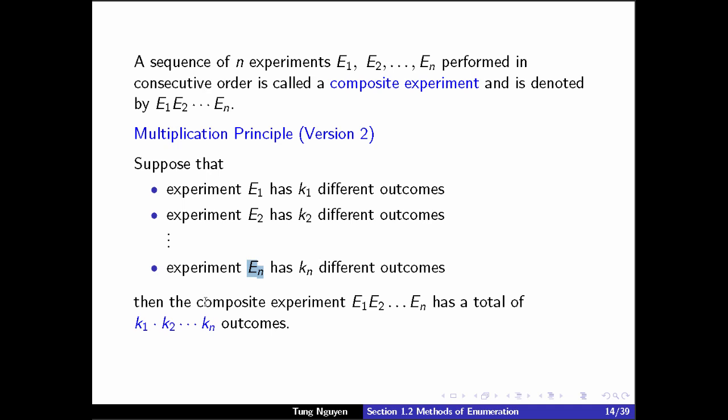Then the composite experiment, that is a sequence of those experiments, has a total of K1 times K2 times K3 all the way to Kn outcomes. So this is the second version of the multiplication principle.